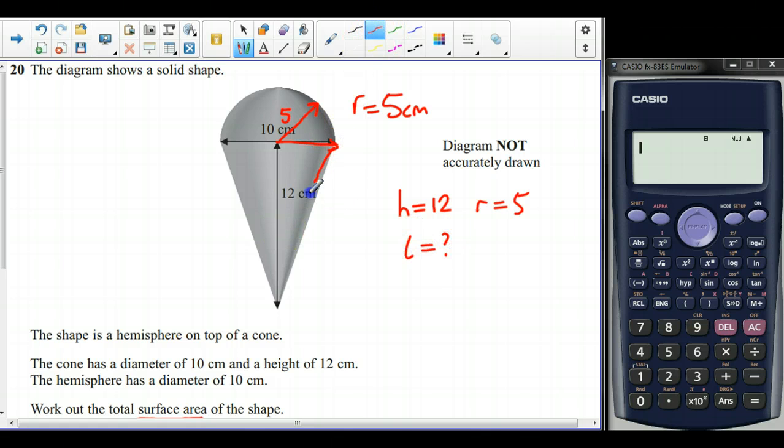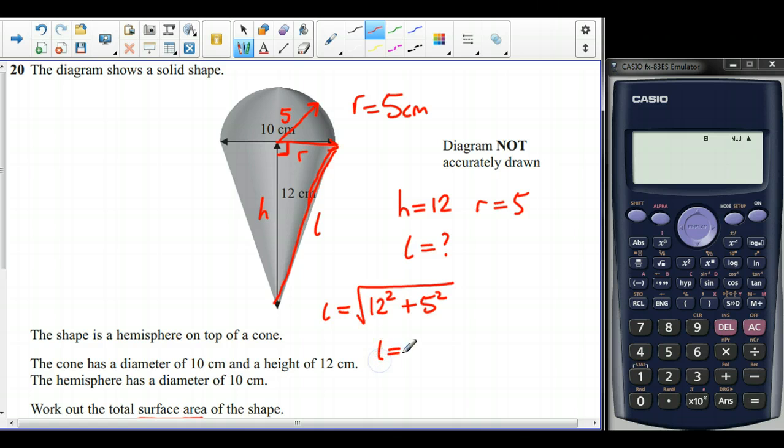However, if you draw L on, r, h and L form a right angled triangle, so we can use Pythagoras to work out L by doing 12 squared plus 5 squared and then square rooting it.